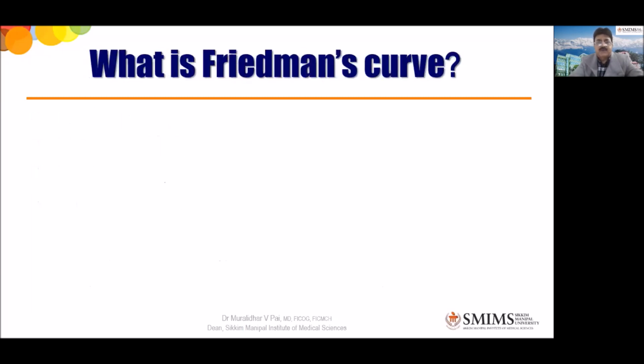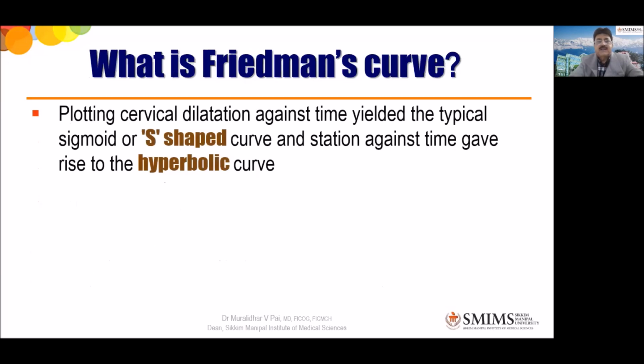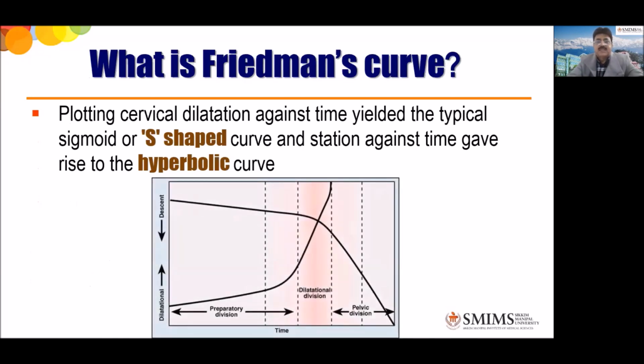What is Friedman's curve? Plotting cervical dilatation against time yielded the typical sigmoid or S-shaped curve, and station against time gave rise to the hyperbolic curve. This is the picture which you can see in all undergraduate, even postgraduate textbooks.